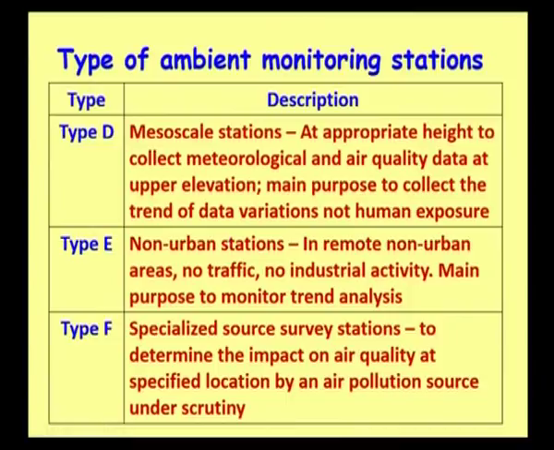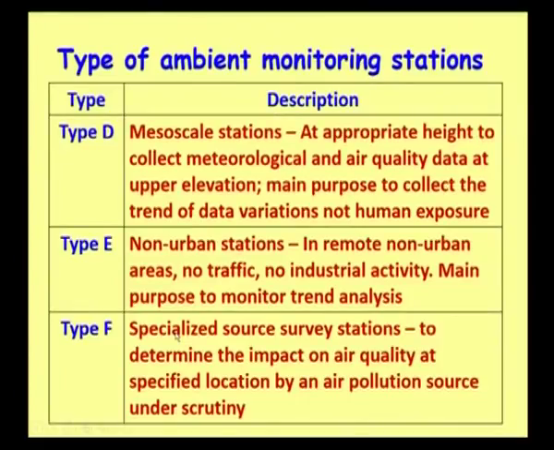And type E is the non-urban station, very remote stations, where there is no traffic, no industrial activity. What is the purpose of all these types of monitoring? We want to check to what extent the pollution is spreading into other places. That is the major motive of all this monitoring.